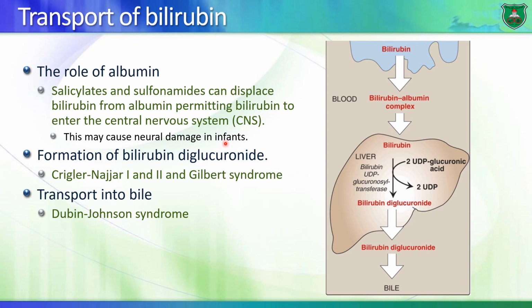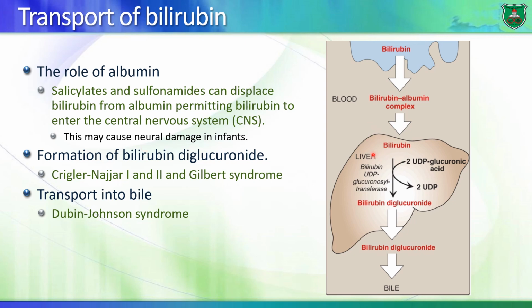Now, something that you need to pay attention to is that salicylates, salicylic acid, aspirin, as well as sulfonamides, certain drugs, can displace bilirubin from albumin. So bilirubin becomes free of albumin, and it can enter the central nervous system. Now the thing is, in adults it may not matter much, but in infants it can cause neural damage. So you need to pay attention to that.